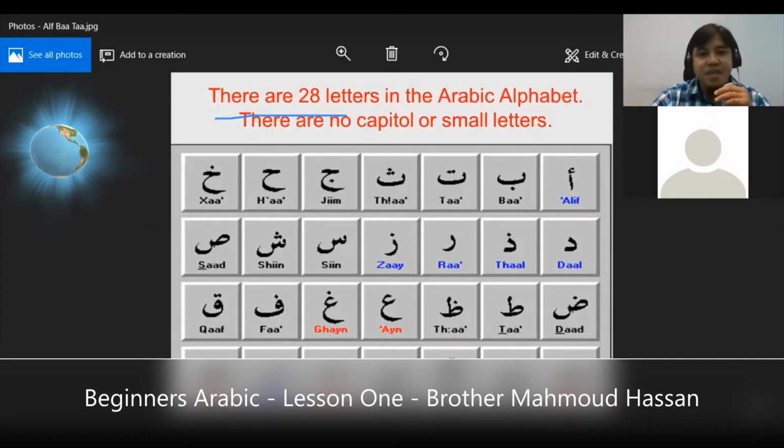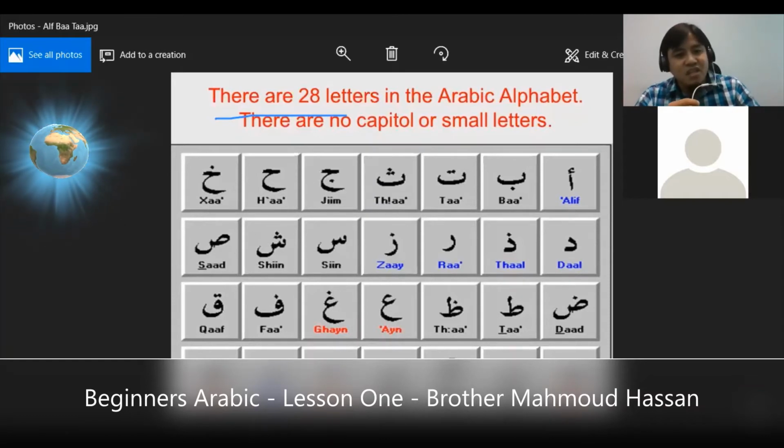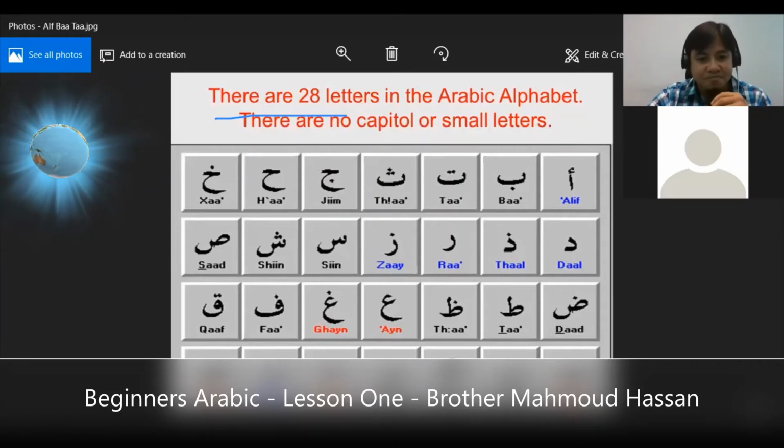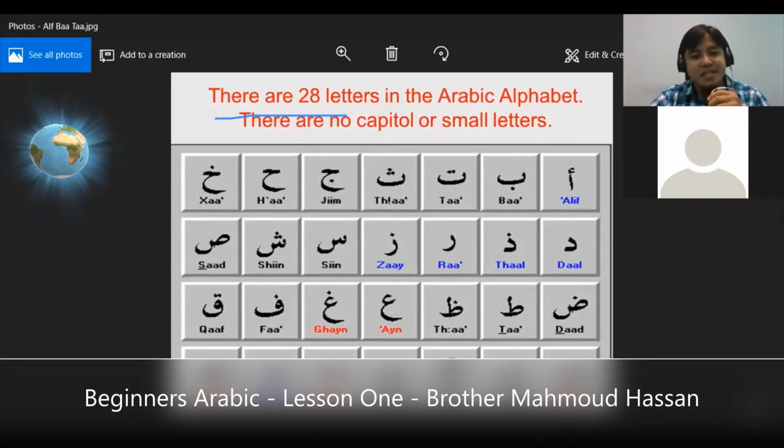All three come from the Arabic alphabet. You will understand later, when we proceed to the main topic, inshallah, that alif, ya, and wow can also be used as consonants. Then we will see how to use them when we encounter them in consonant form. Okay. Now, we will proceed to the main topic.